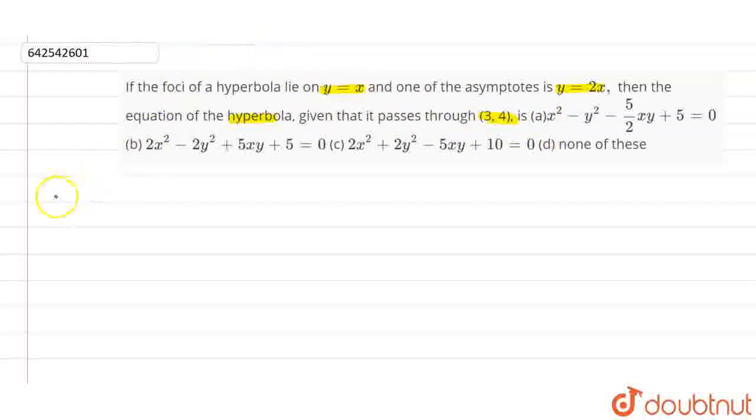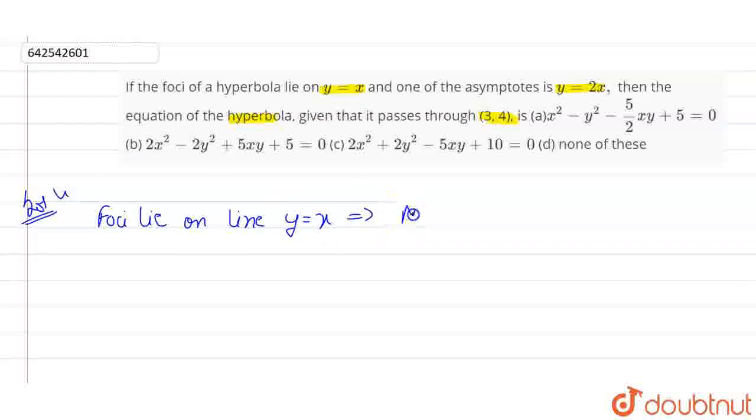What the question is saying here: the foci of the hyperbola lie on the line y equals x.